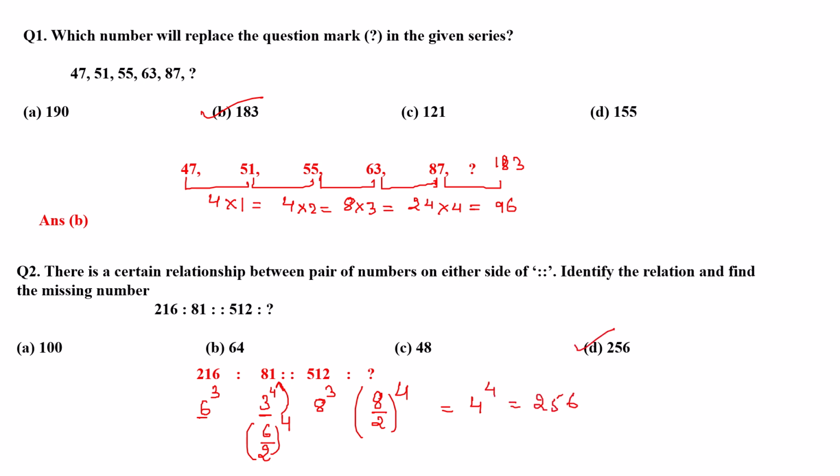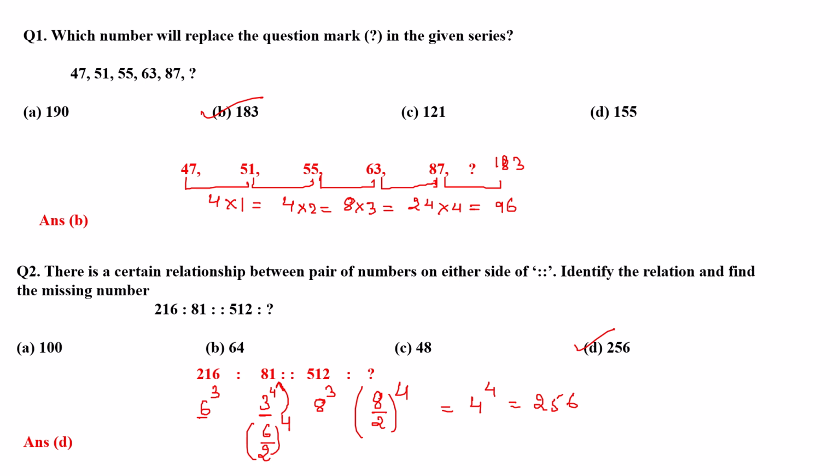So D is the correct option, isn't it? So no need to go with the other method like 9 square, because then it will become difficult to make a relation and then find the correct option. Okay, you will not be able to get any option if you use 9 square over here. So the correct answer is D.